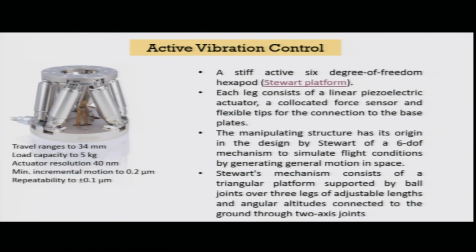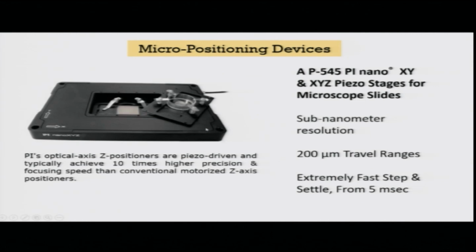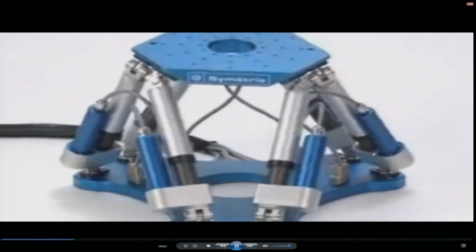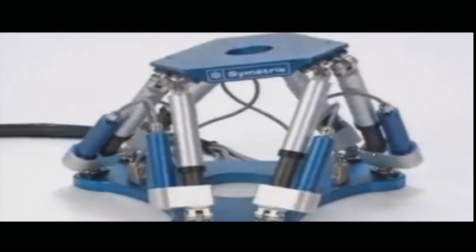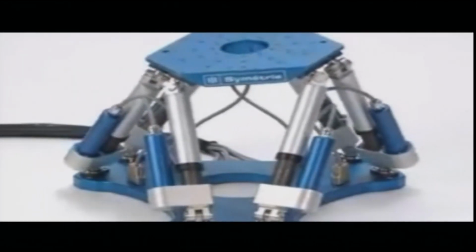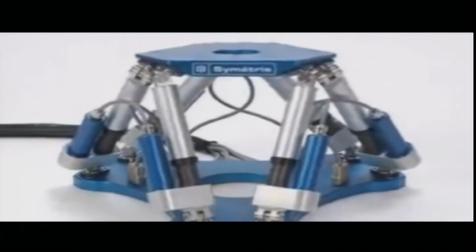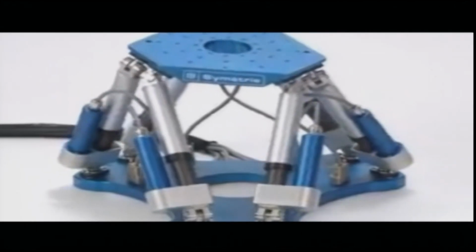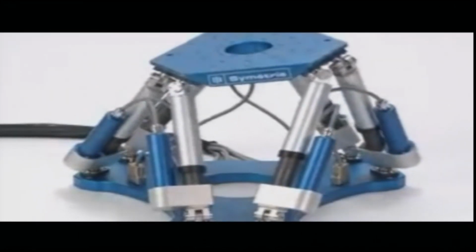As you can see, there are 6 of these actuators. And what is the effect of the application of these 6 actuators? You can see that there is this 6 degree of freedom implementation of the system. If you look at that, you can see how beautifully you can control the motion of the top platform, as you can see here, with the use of these 6 actuating systems.